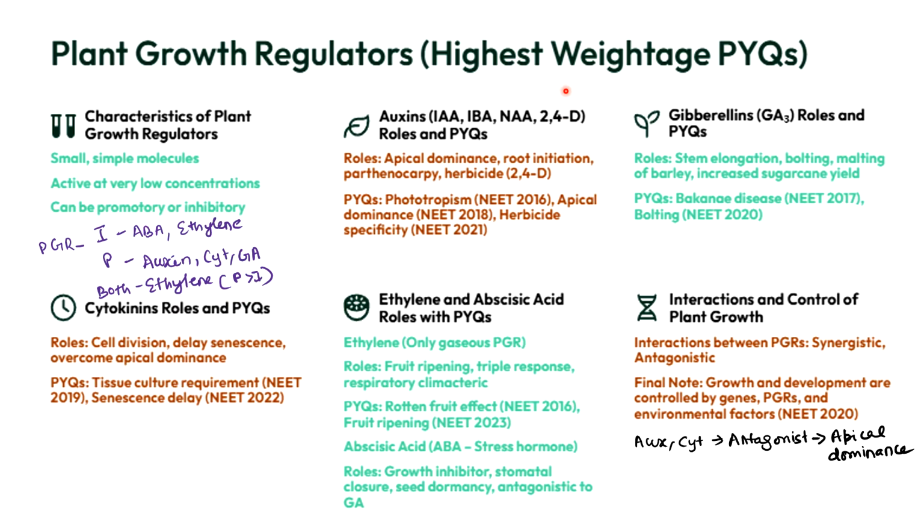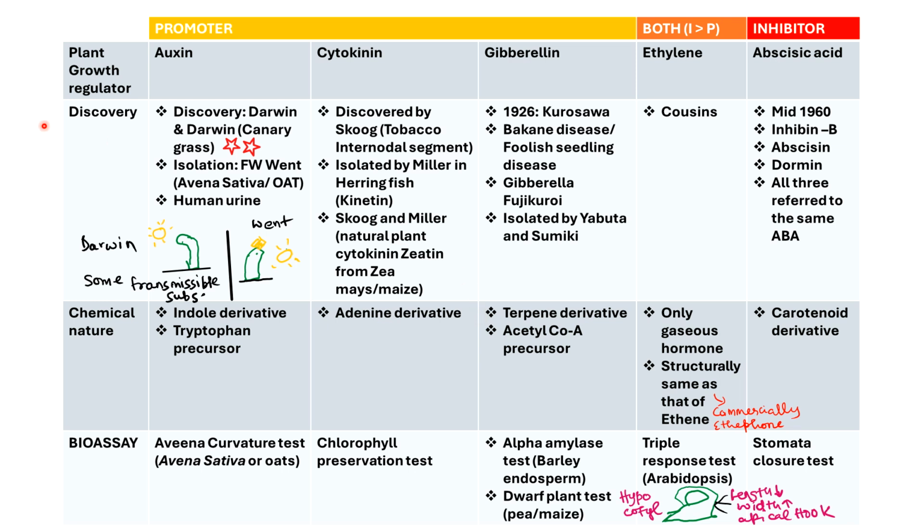Then we have the physiological roles of auxin, gibberellin, cytokinin, ethylene and abscisic acid, to which we have to pay attention. Okay, let's now see in detail here.